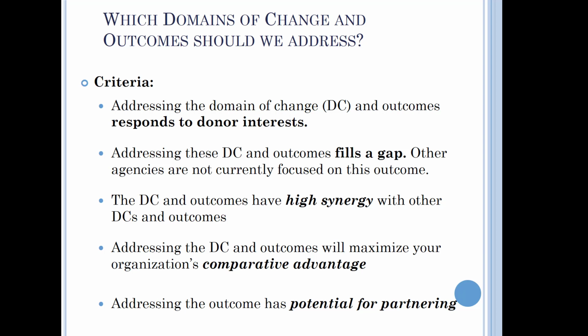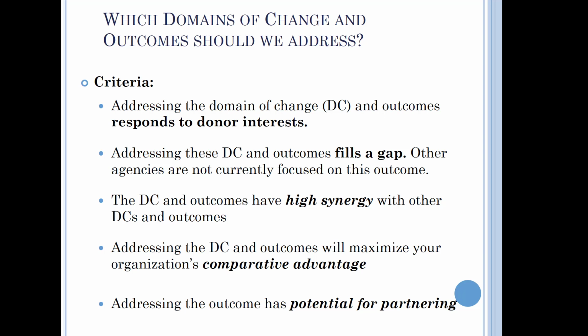If you are working for an agency, you also have a results framework from the agency that you have to follow. So you will concentrate on those domains of change that correspond more to the interests of your development agency. It's also important that you choose domains of change and outcomes that fill a gap in development in that particular area, domains of change that are still not being addressed by other actors, by other NGOs in that area.